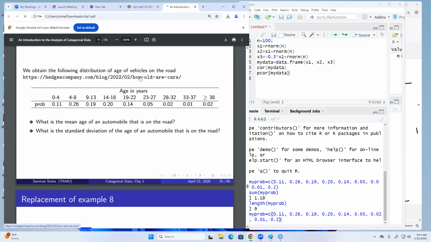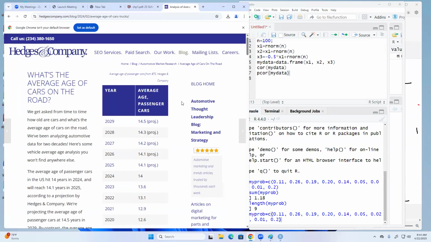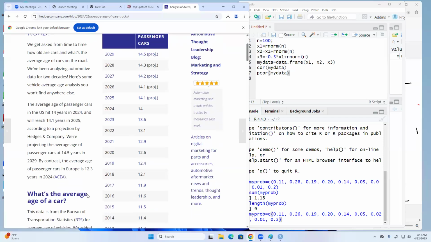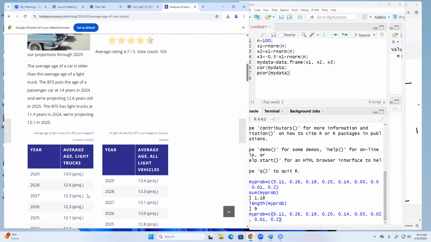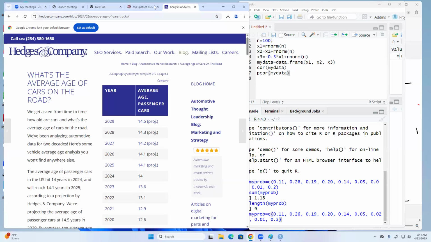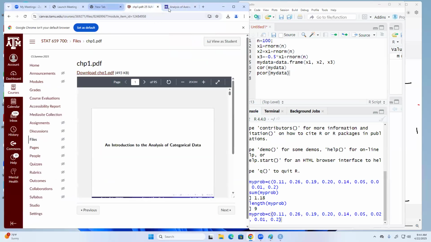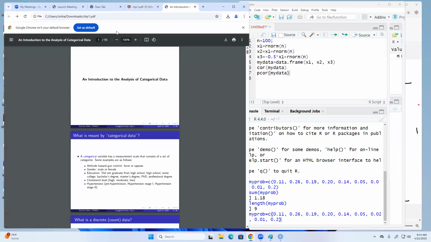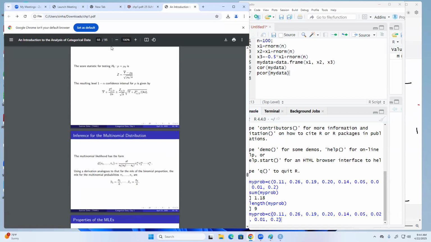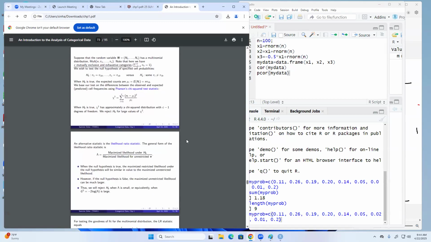At this website. What happened? So when I copied it, maybe I made a mistake recording some numbers.